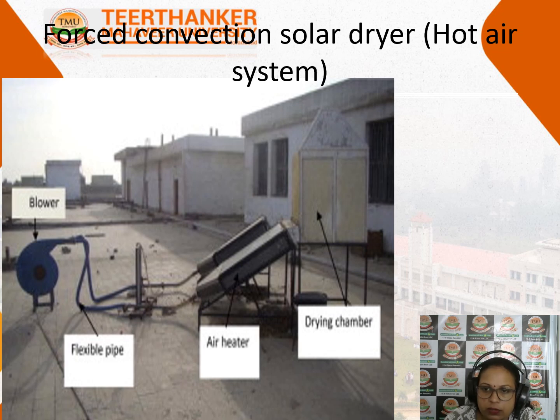Because of this forced air, blown by the blower through the duct, it heats up the chamber, and because of the warm air the food items get evenly heated and the moisture is lost by the food items. And this is about the forced convection solar dryer, or hot air system solar dryer.